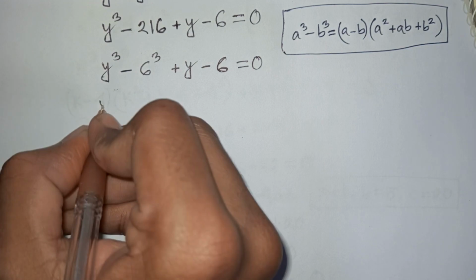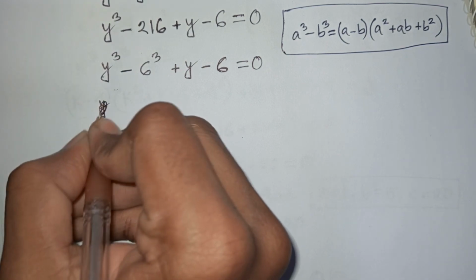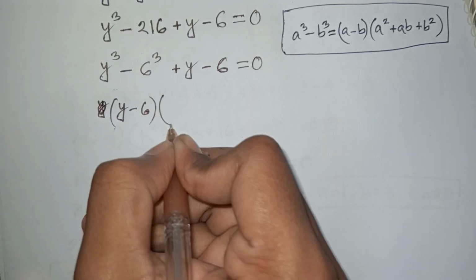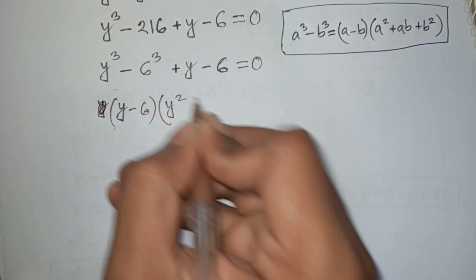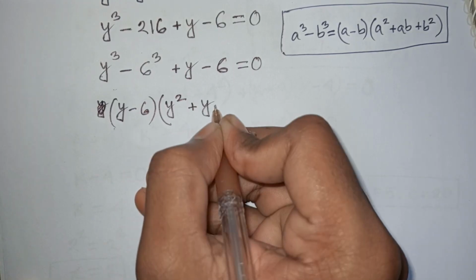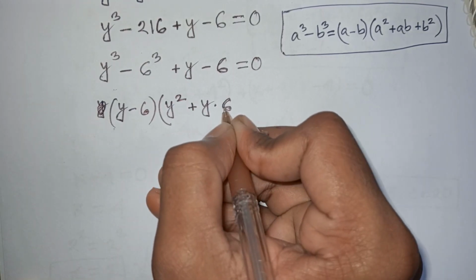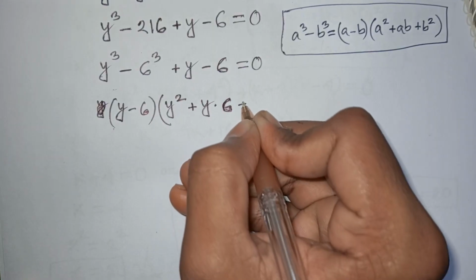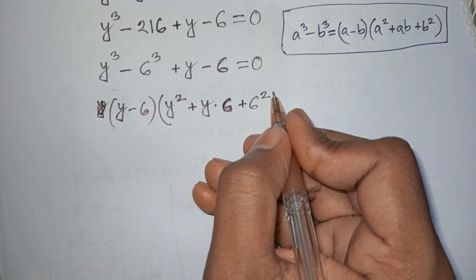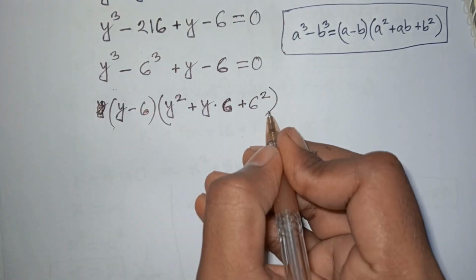So you can write here y minus 6 times y square plus y times 6 plus 6 square, then bracket close.